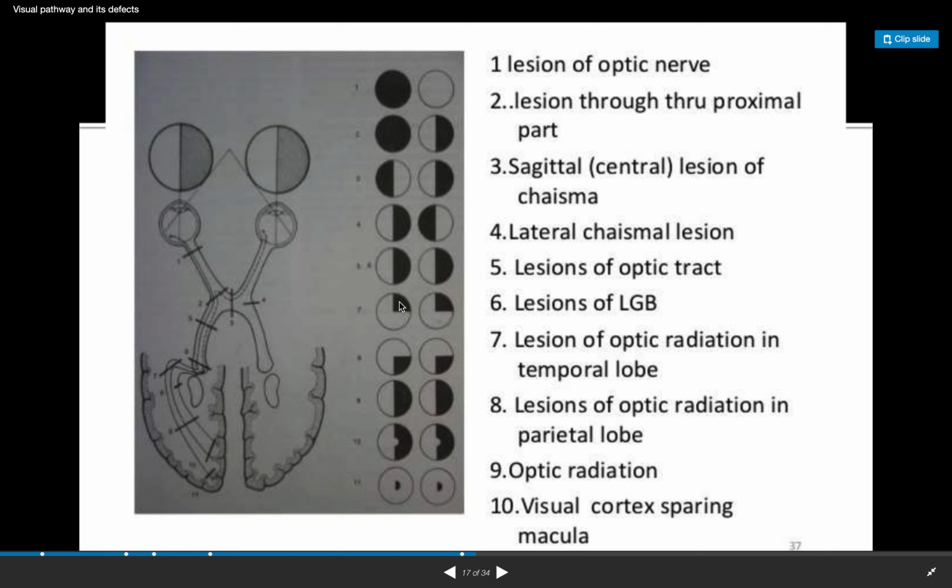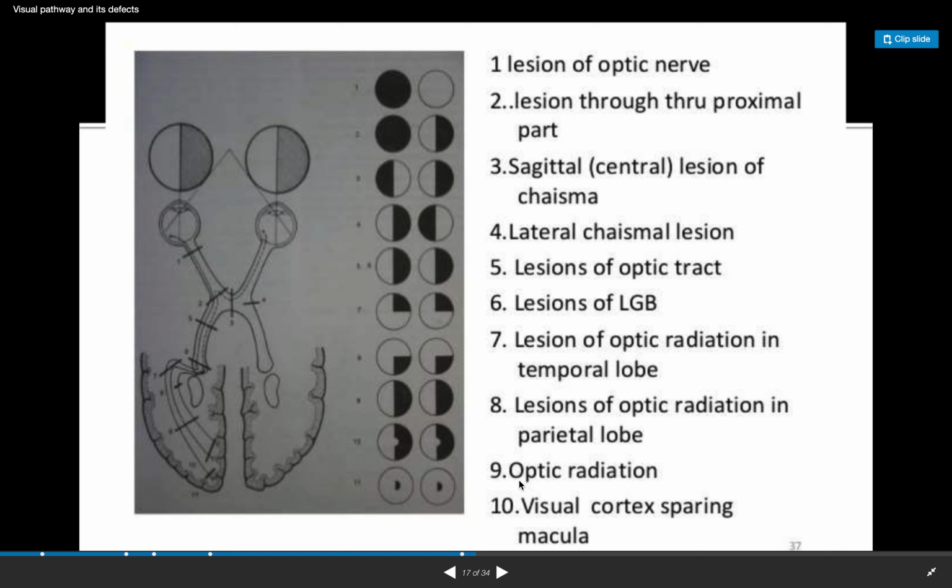Now superior quadrantanopia, another name is pie in the sky, and inferior quadrantanopia, another name is pie on the floor.